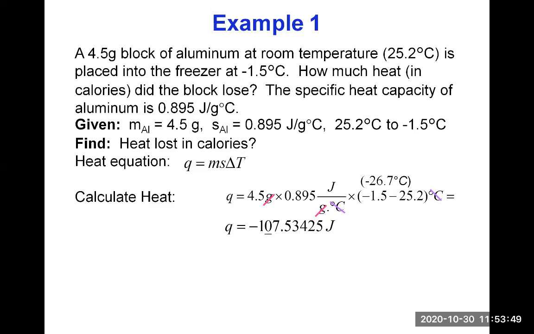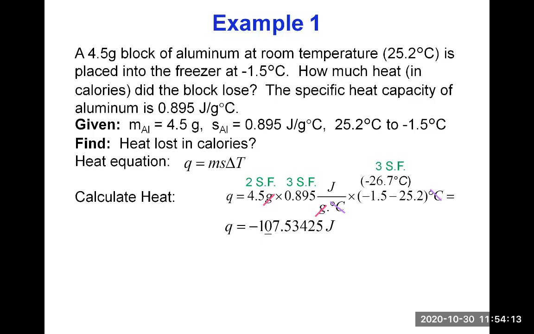And so it depends on the number of significant figures. And here we have 2 sig figs in 4.5, 3 sig figs in 0.895, and 3 sig figs now in the temperature change. So the least number would be 2, and that's why the 0 is underlined, because you would keep 1 and then the 0 for 2 sig figs.